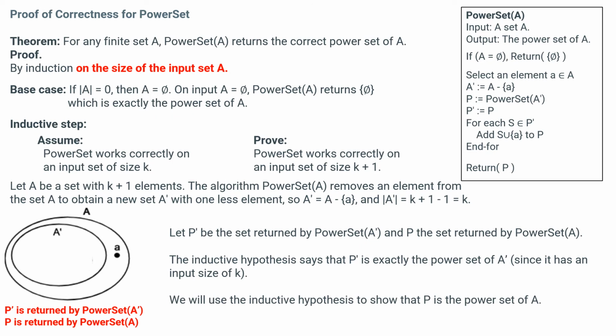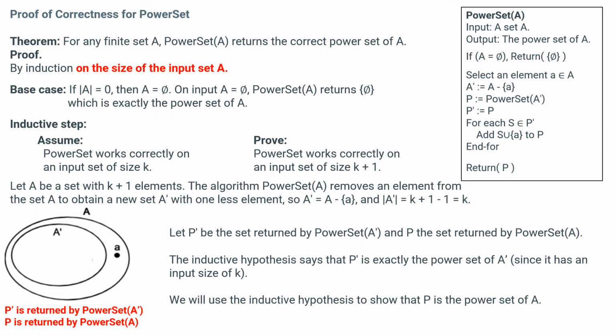Then what we'll do is use that inductive hypothesis to show that P, which is what gets returned when we put in this larger set that has one more element, actually is the power set of A. So that it worked. That's what we're trying to prove, that it worked on this new set of k plus 1 elements.